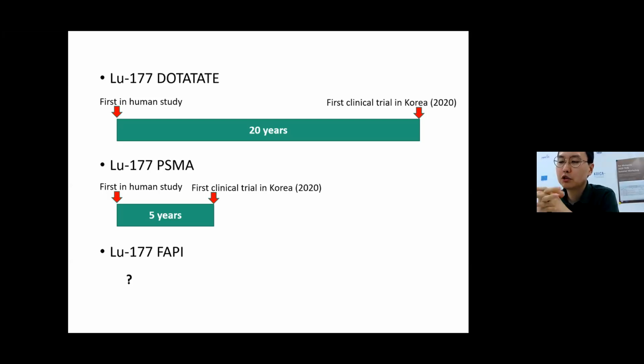However, for lutetium PSMA, the first in-human study was done 5 years ago, but the first clinical trial is now under conduction, and we will start in 2020. So we think this FAP therapy can be a faster follower.